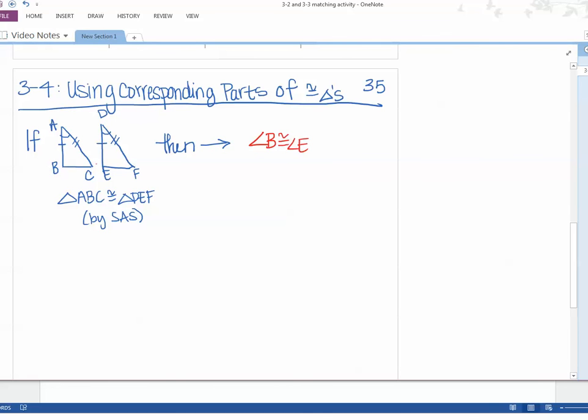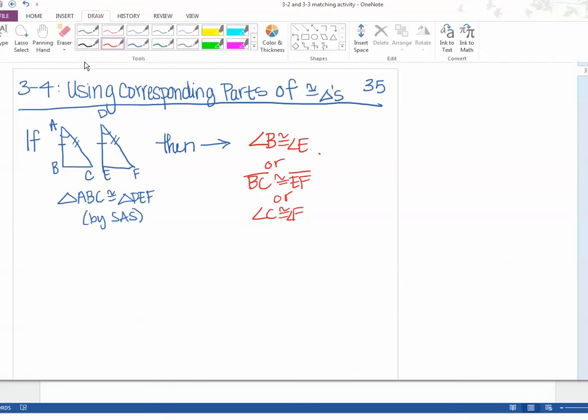That wasn't needed for our proof, but since we know that the triangles are congruent, we can say the rest of their parts are congruent, not just the side, angle, side. Or you can also say segment BC is congruent to EF. Or we can also say that angle C is congruent to angle F. So basically saying all the rest of the stuff is congruent.